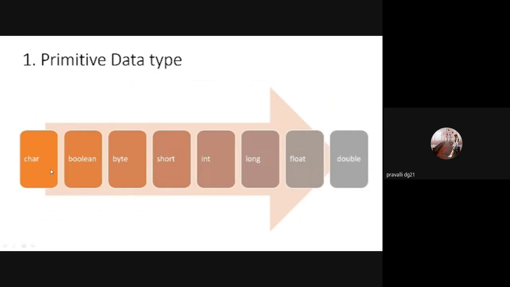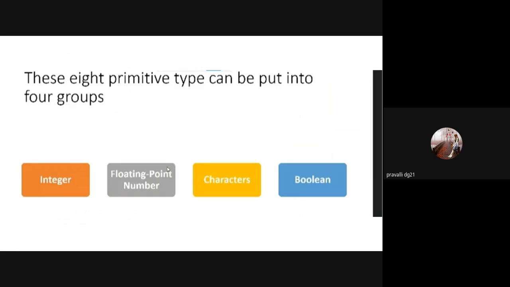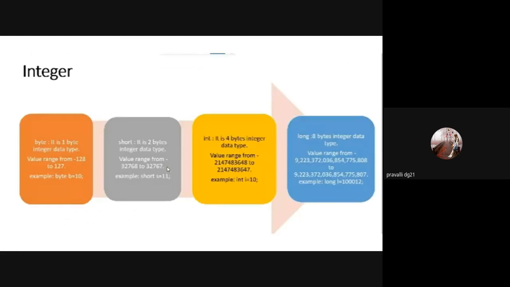You all know them: char, boolean, byte, short, int, long, float, double. These 8 primitive types can be put into 4 groups: integer, floating point number, characters, boolean. Let's discuss every single one in detail.